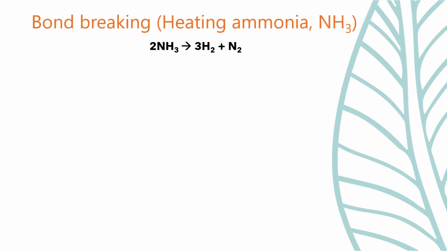Okay. Example, bond breaking, heating ammonia. Ammonia, the chemical compound, the chemical formula is NH3. If you heat ammonia strongly, it breaks down to nitrogen and hydrogen gas.